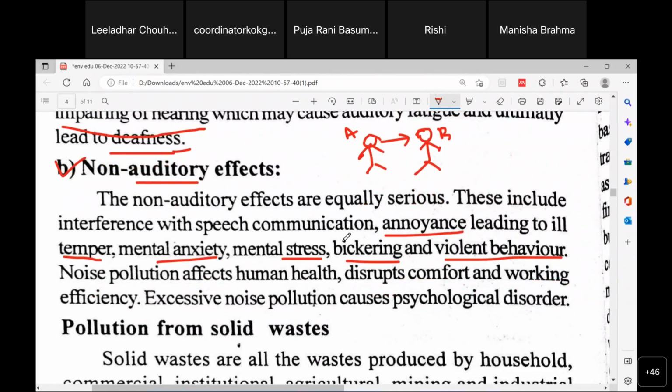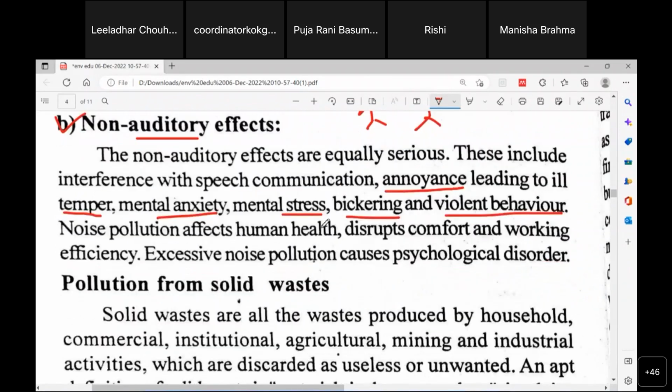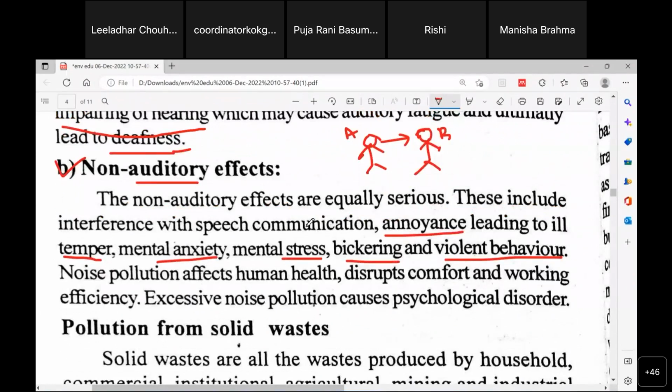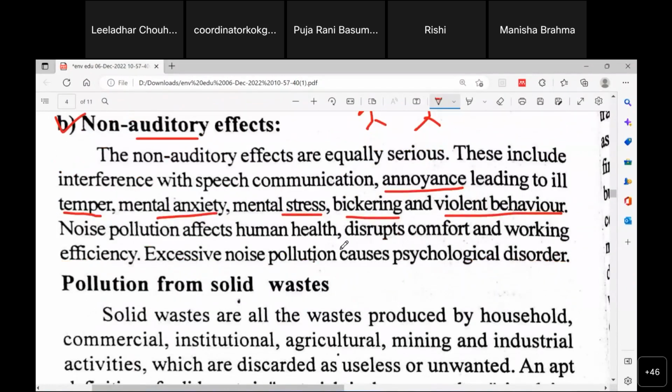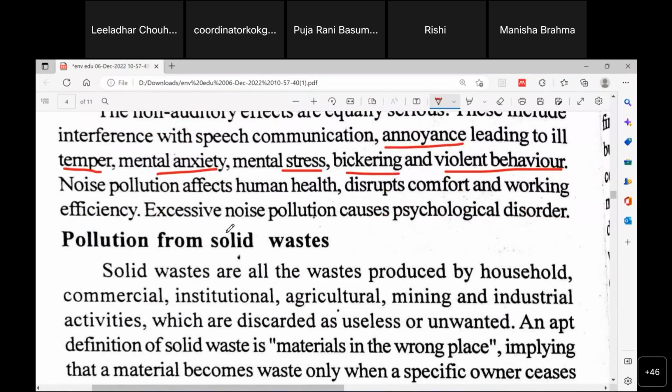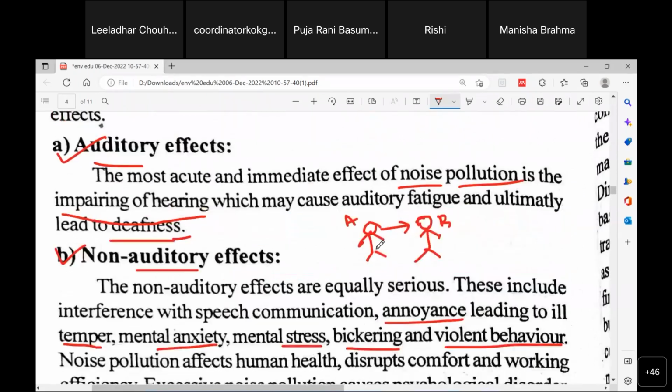In healthy people also, these problems come because of the non-auditory effects of sound pollution. Noise pollution affects human health, disrupts comfort and working efficiency. Excessive noise pollution causes psychological disorder also. All these things are seen and analyzed by researchers, and people definitely have problems with that. So this is about non-auditory effects.